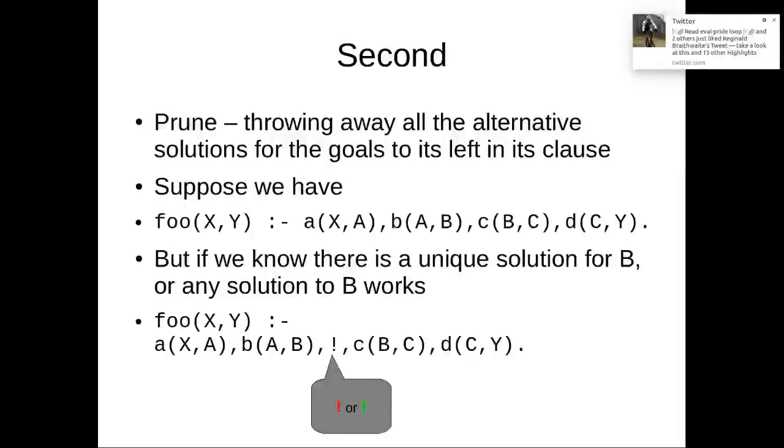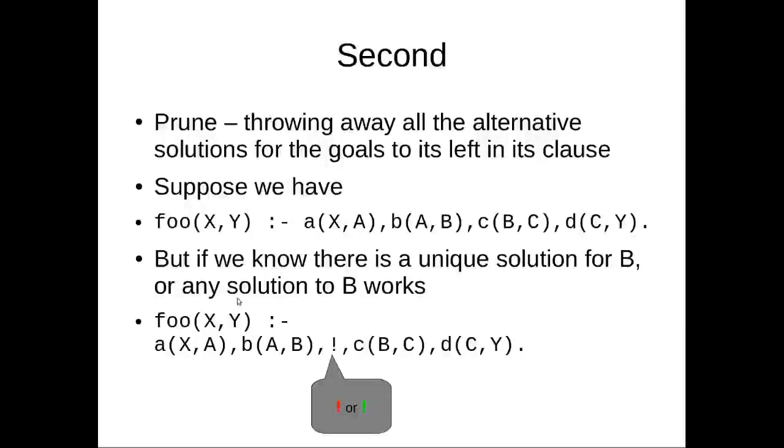Or we know that any solution is fine, then we can place a cut at this point and not do the extra work of backtracking and not leave spurious choice points.